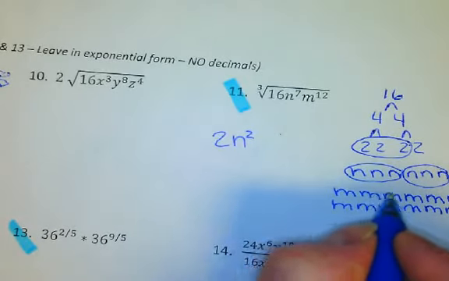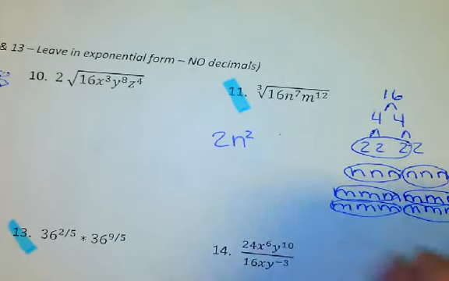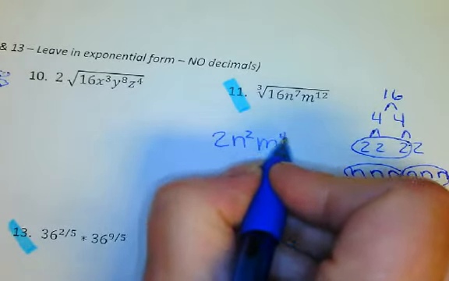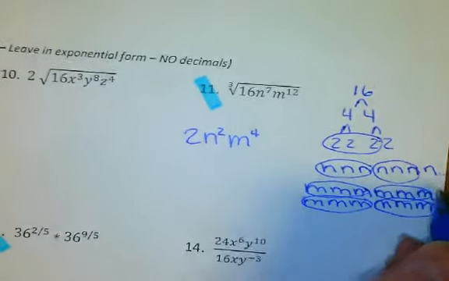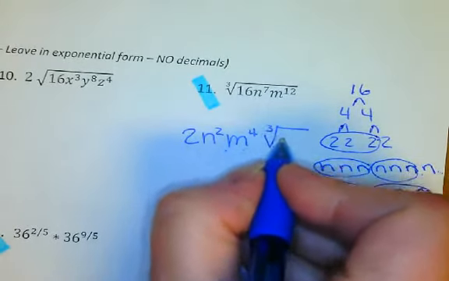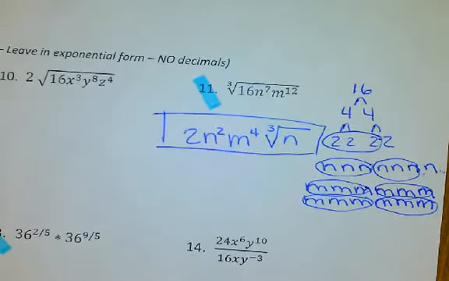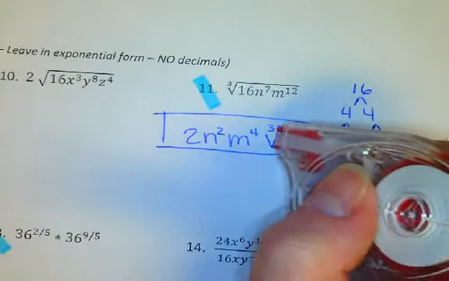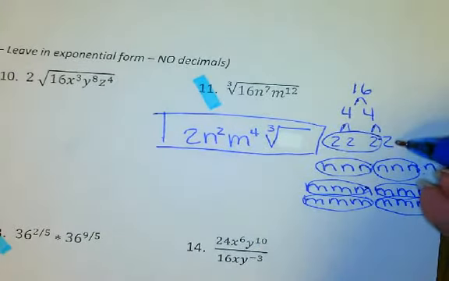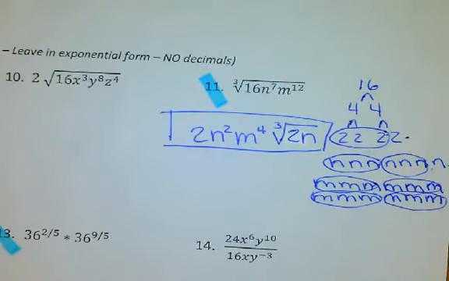And then here, again, I've got 1, 2, 3, 4. So m to the 4th. And then I have this one left over right here, so it has to stay on the inside. And actually, I forgot something here. This 2 also didn't have a group, so it needs to go on the inside also.